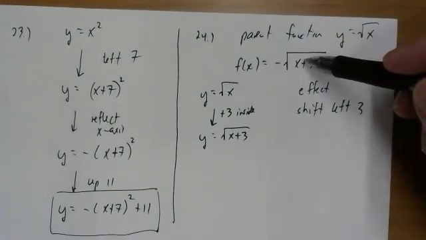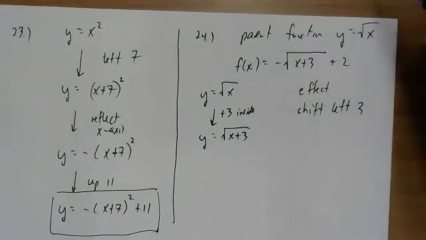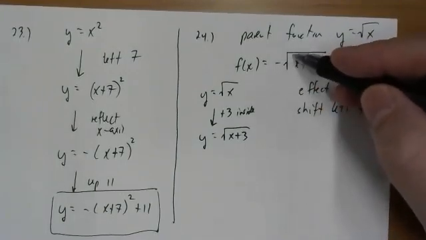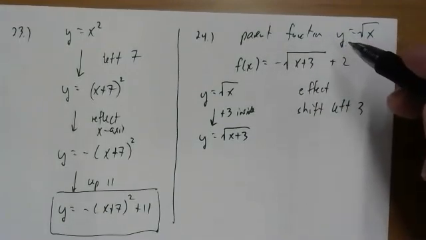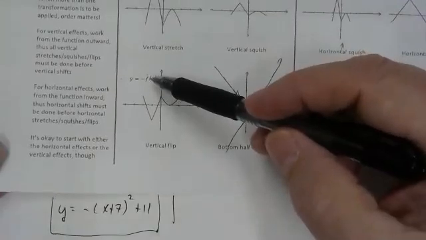The next thing I see as I move from the inside out is multiply by a negative, and this is considered outside the function. It's outside of the square root. What's the effect of that? It's this right here.